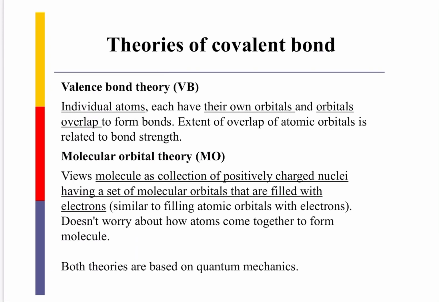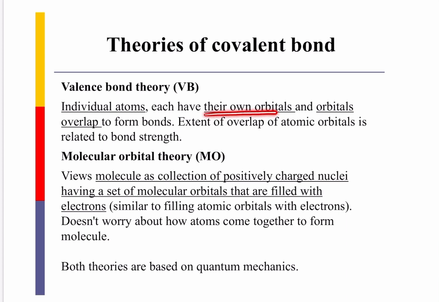Theory of the covalent bond. For the theory of the covalent bond, we have two types of theory. The first one is valence bond theory, or VB, and the second one is molecular orbital theory, or MO. As you know, in the valence bond theory, individual atoms each have their own orbital.